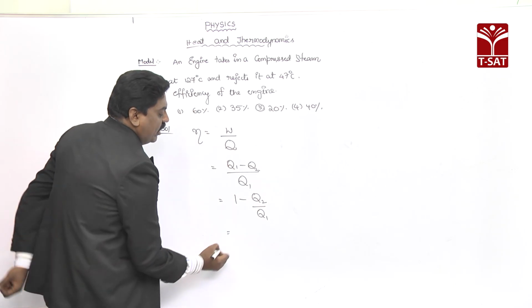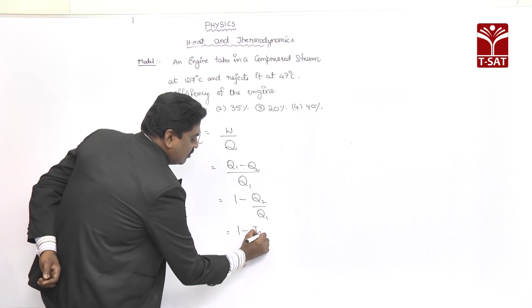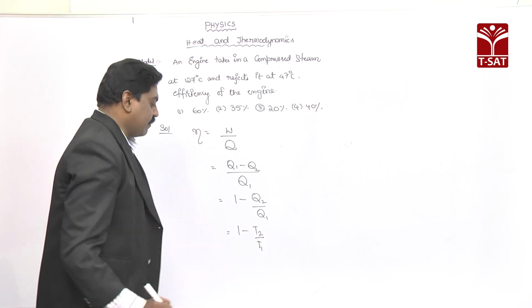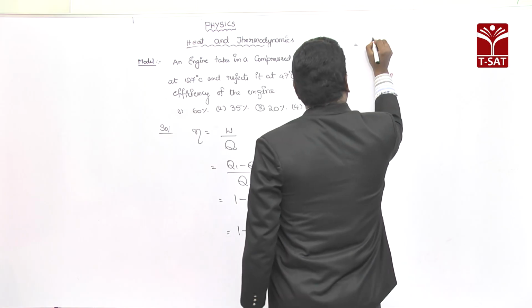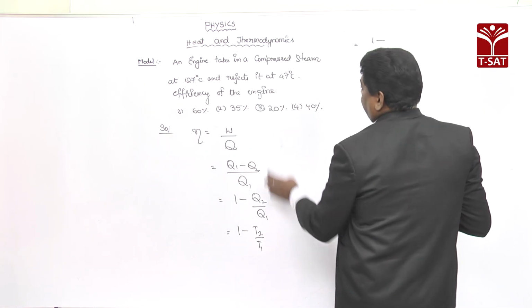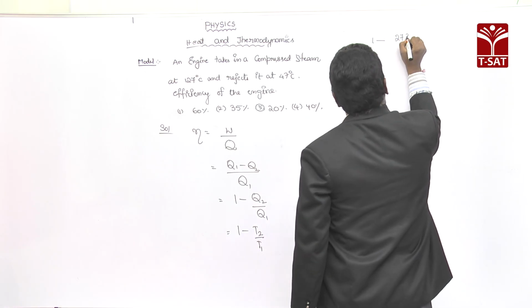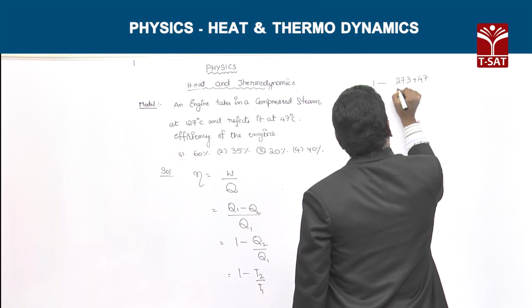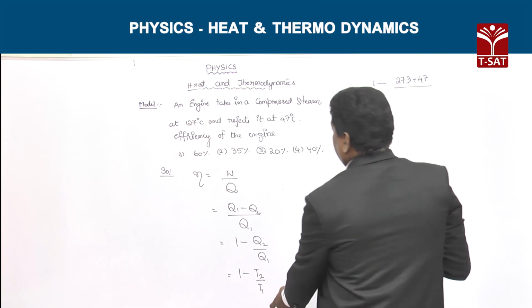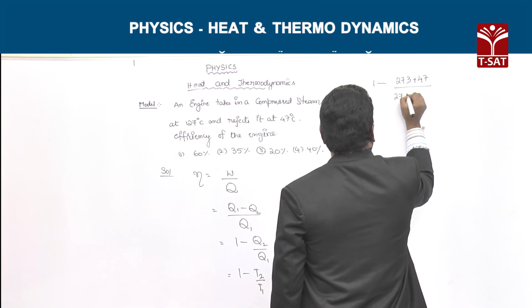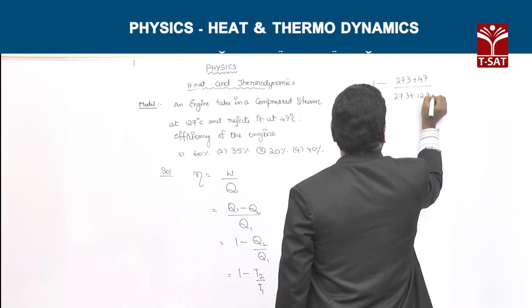Instead of Q2 and Q1 we can write 1 minus T2 by T1, which equals 1 minus, the rejected heat temperature is 47 degrees Celsius, 273 plus 47, divided by T1, which is 273 plus 127.